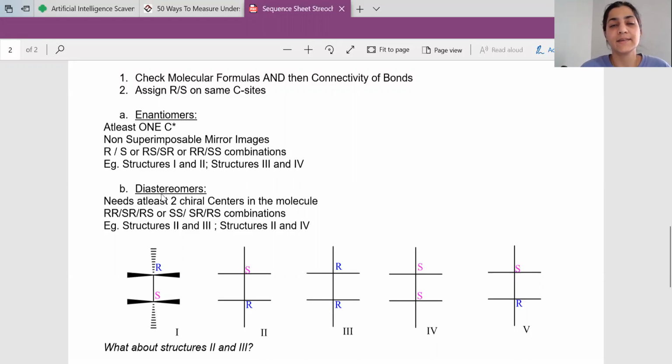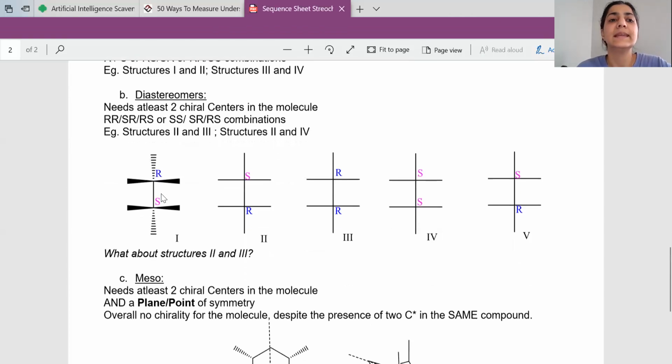On the other hand, diastereomers, which are more common than enantiomers, need at least 2 chiral centers. Since structure 1 and structure 2 have exactly opposite configurations at the chiral sites, they cannot be diastereomers, but structures 2 and 3 can.